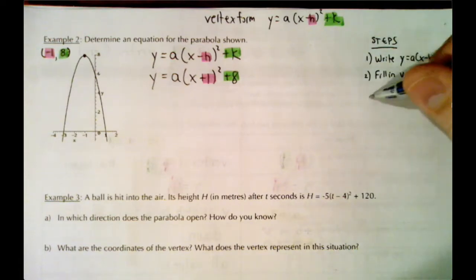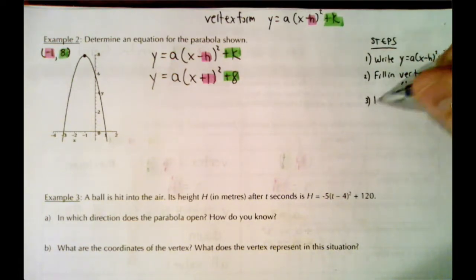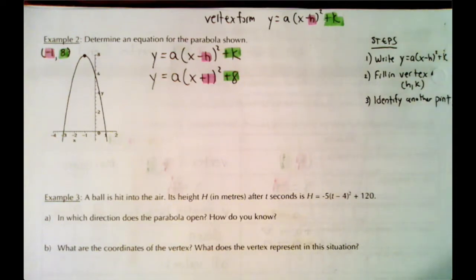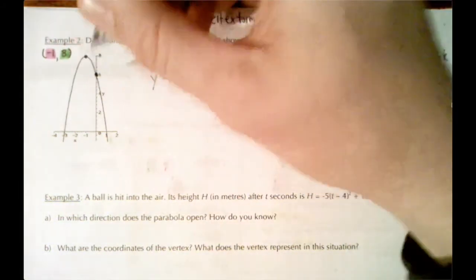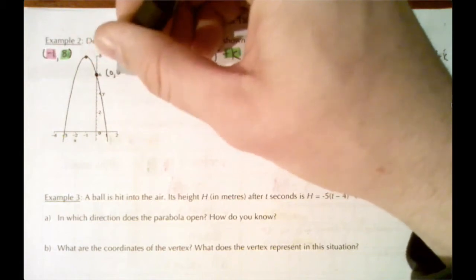And then step 3, identify another point. So we got to find another point, not the vertex. So I'm going to pick the y-intercept, because I think that one's a pretty easy one to read. (0, 6).